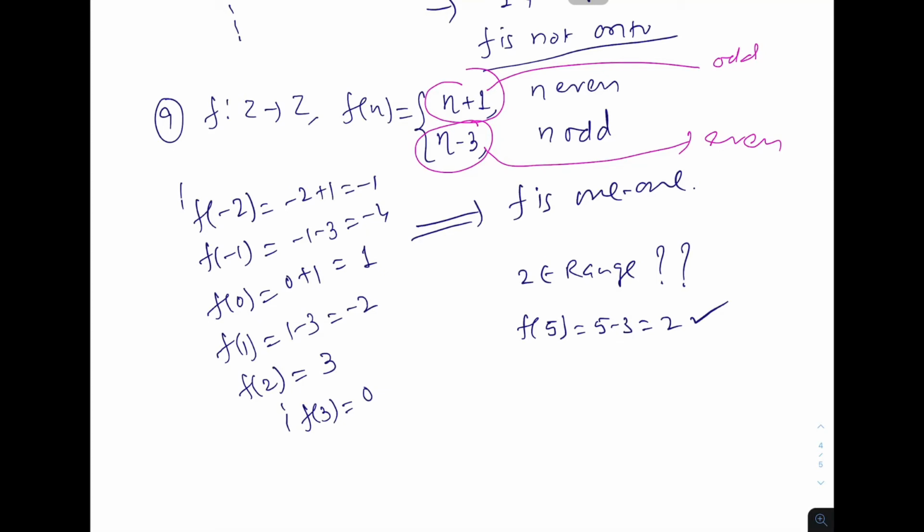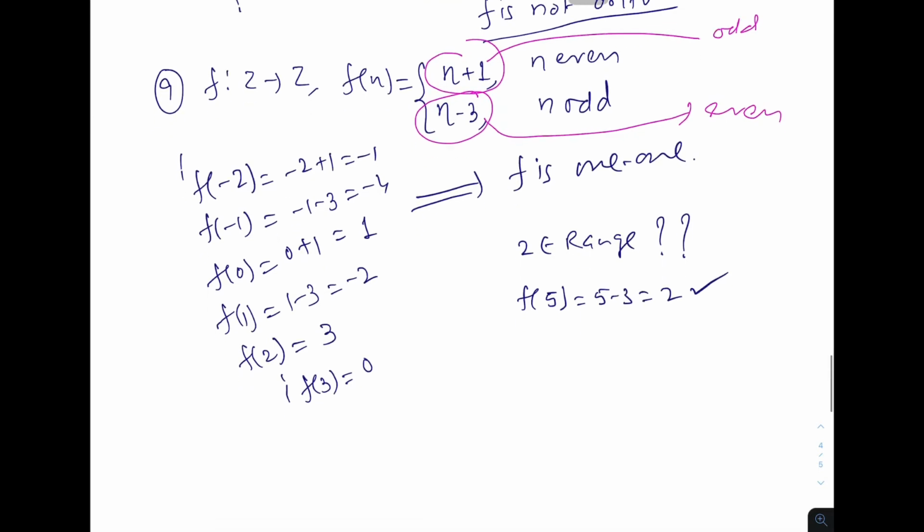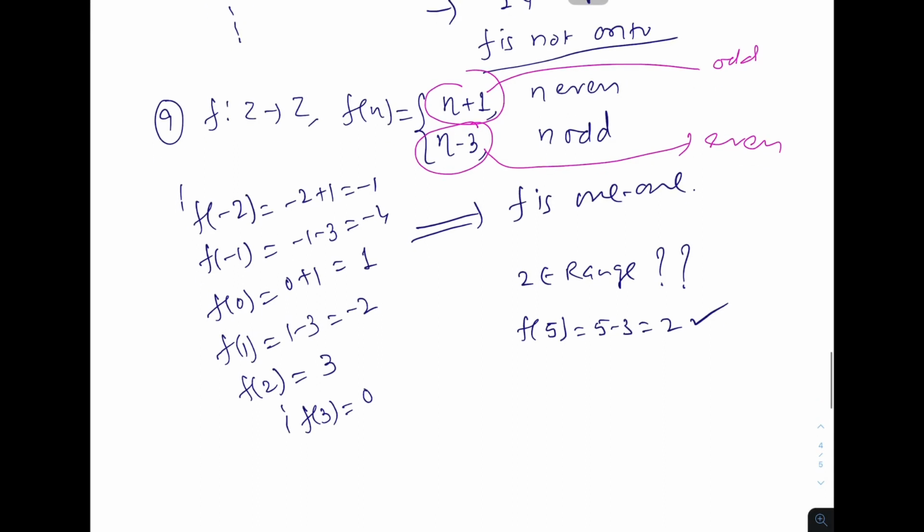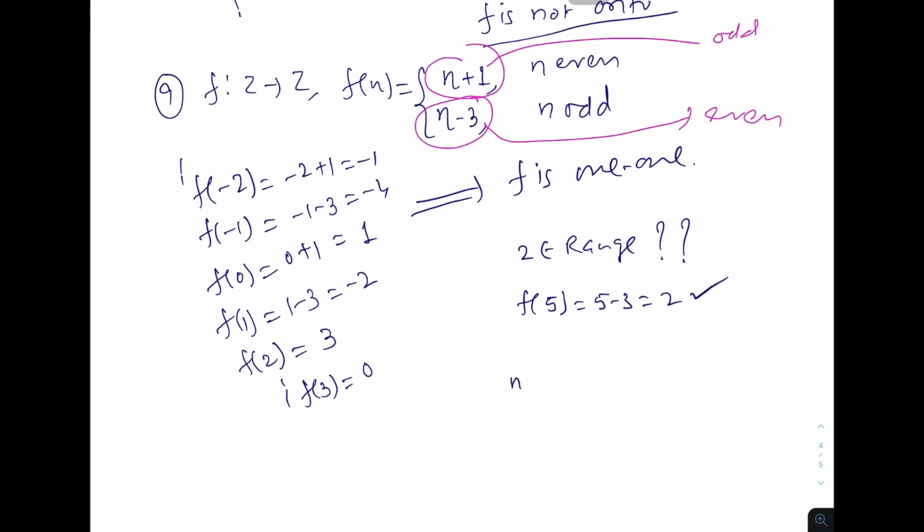You understand? Then 3 is there. Is minus 3 there? If minus 3 is there, it would be here itself, because this part is odd. If minus 3 is in the range, then n plus 1 should be minus 3, so n should be equal to minus 4.